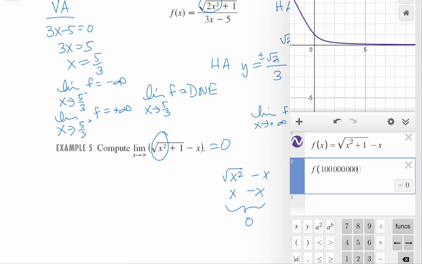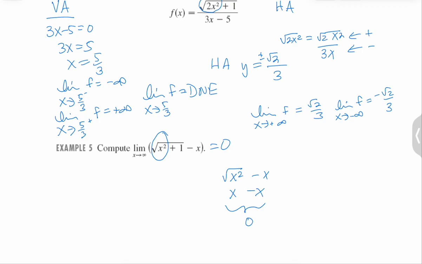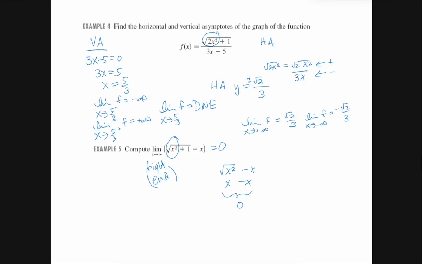So that, remember, is just what the right end is doing. If you have a calculator, plug in 1,000, plug in a million. What's it close to? It's going to say 0.0000 something on your calculator. Pick zero. So plugging in numbers is helpful.